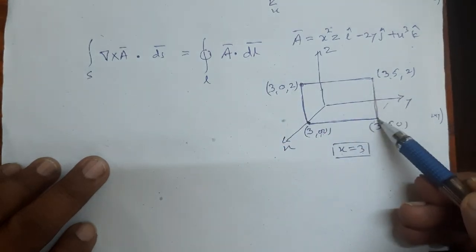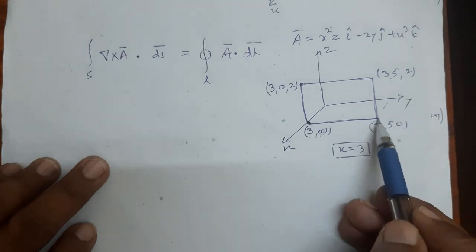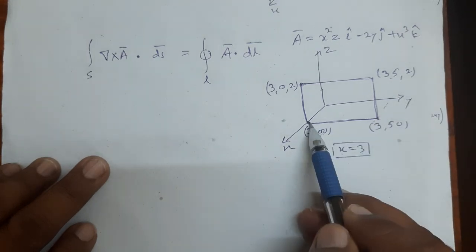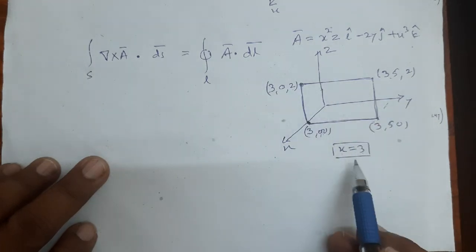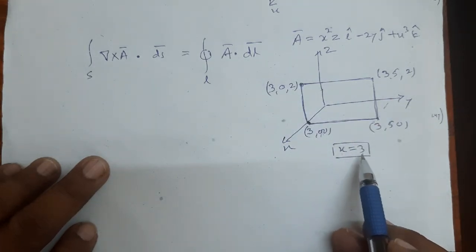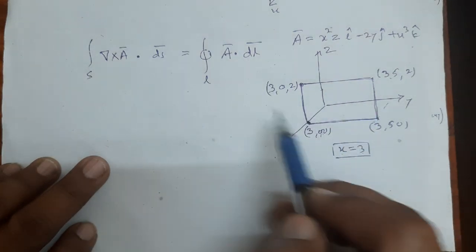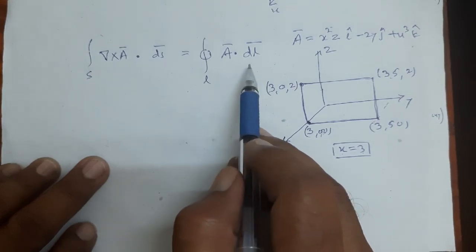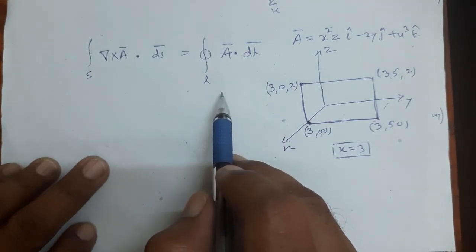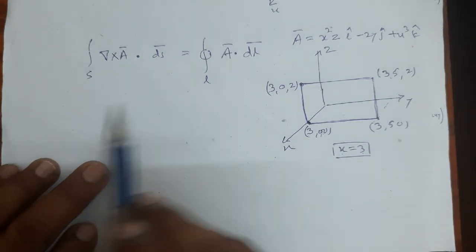Then from this to this, where there is a change in z only, and x and y remain constant. From this to this, again there is a change in y, and from this to this, again a change in z. For all the segments, x is constant at 3. Then we will have to add all those 4 integrals, and that will be the closed line integral of A bar dot dl bar. Now you will have to check whether the left hand side and right hand side are the same.